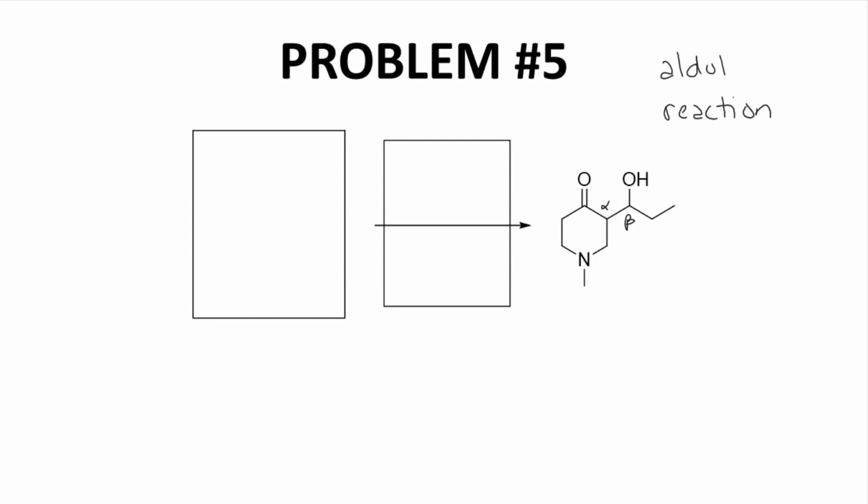So we need a ketone over here, and in an aldol reaction we need to form an enolate. We're going to form the enolate at the alpha carbon, and then that enolate in the next step is going to attack a carbonyl, and that's going to have our beta carbon plus those 2 carbons. And then in the third step, we're going to have some kind of proton source. So this is going to be 3 steps if it follows the pattern.